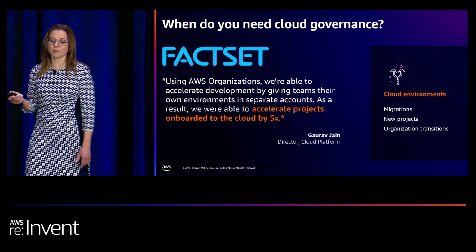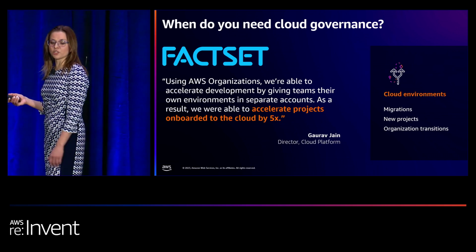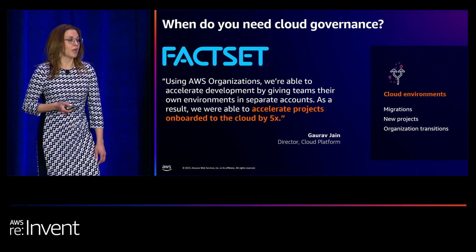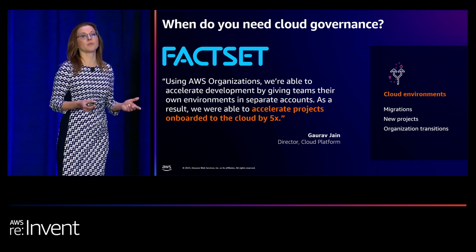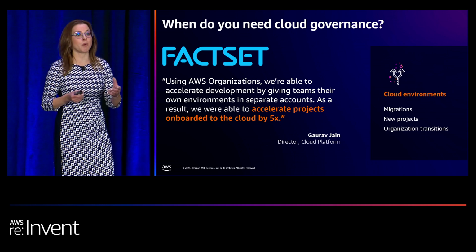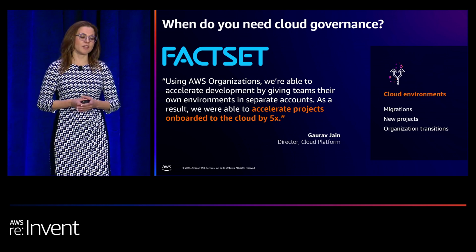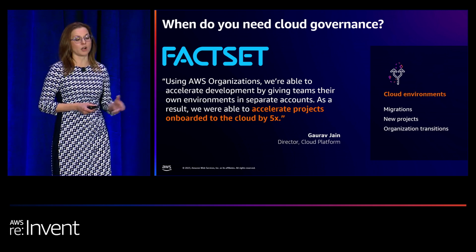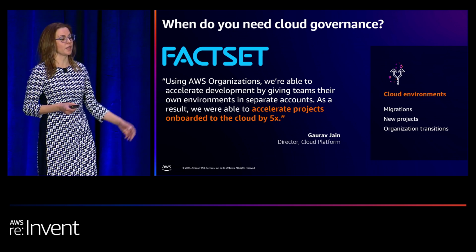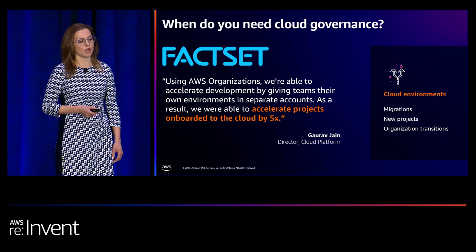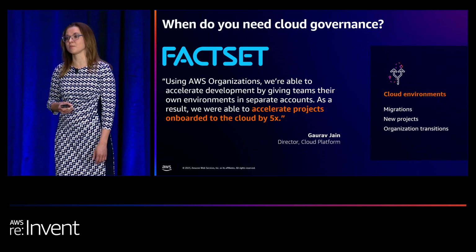And we have customers such as FactSet, financial data and software company. They've been a customer for many years, and they wanted to go faster. So they've implemented AWS Organizations and multi-account strategy, and they've provided their teams their own environment in separate accounts with all the corporate standards built in, and as a result, they were able to onboard projects 5 times faster.